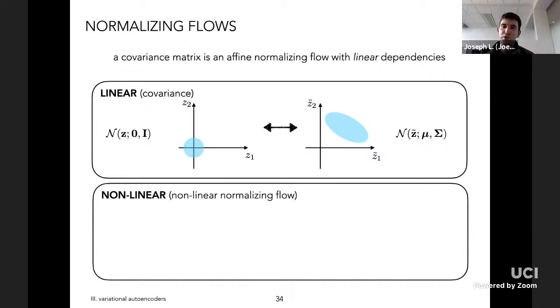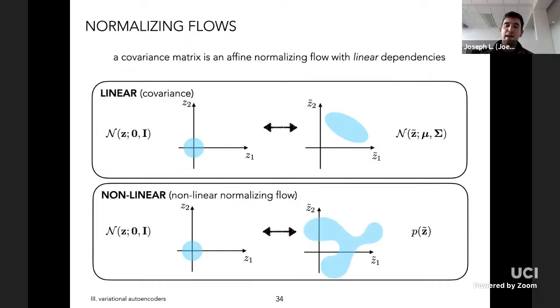But with a general normalizing flow, you could take this same Gaussian distribution and map it to some arbitrary, more complex density, potentially, where you have nonlinear dependencies and other types of complicated forms beyond just this full covariance Gaussian, and you can map it back to this standard Gaussian distribution. So that's this relation between covariance matrices, as we saw before, and normalizing flows, which really is just a generalization of that same idea.